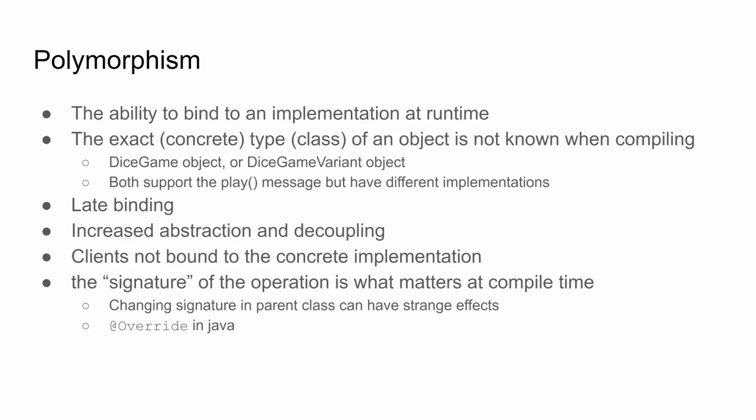Both the dice game object and the dice game variant object support the play message, but we have different implementations. This is also something that we call late binding. Using polymorphism increases abstraction, and we can decouple the classes more.